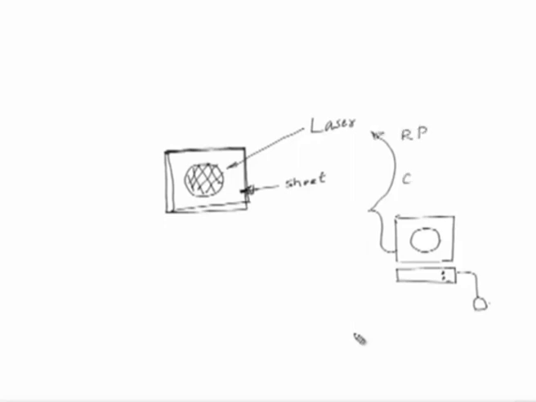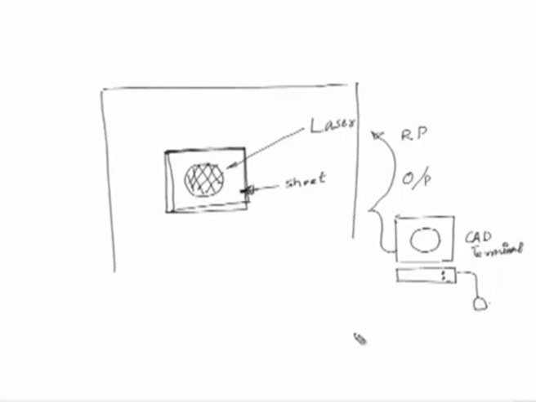So, this is the CAD terminal, and the output of this CAD terminal can be given to the RP machine as input information, and the machine will work on this input information, and the final part will be built up in this machine depending on different principles as per the working of the mechanisms.